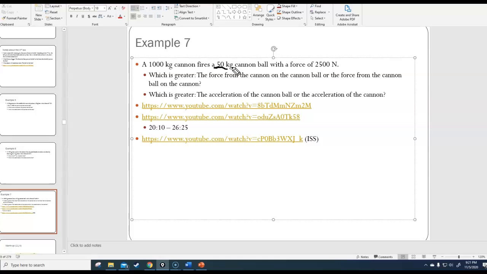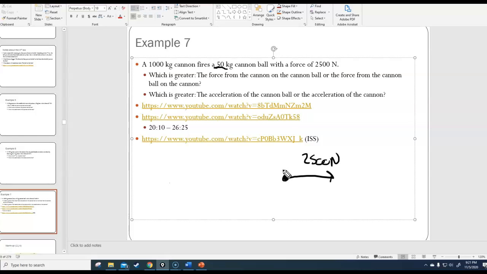And so imagine this happening in space just to make the FBD easier to draw. Let's say a cannon shoots a cannonball in space so we don't have to worry about normal force or gravity or whatever. I'm just being lazy with my situation here, but let's say that's what happens. So we have the FBD for the cannonball going one way, 2,500 newtons.